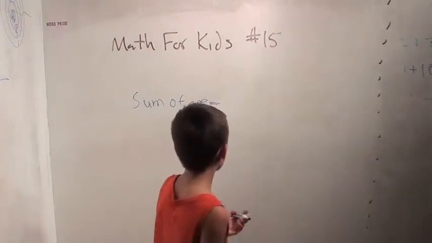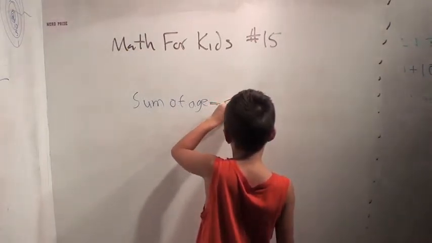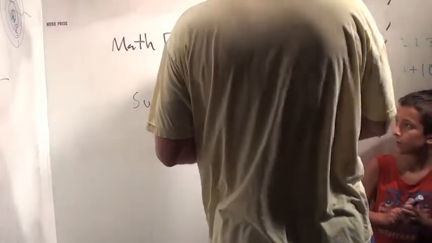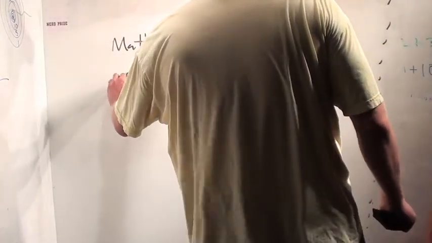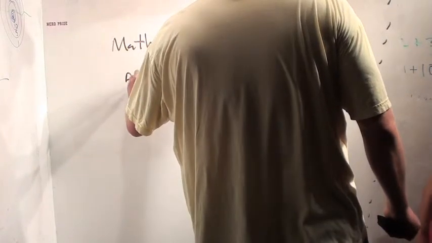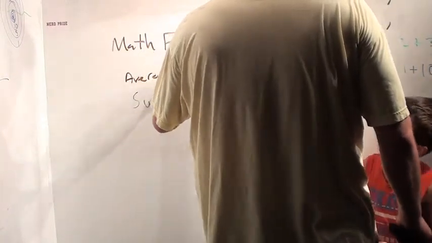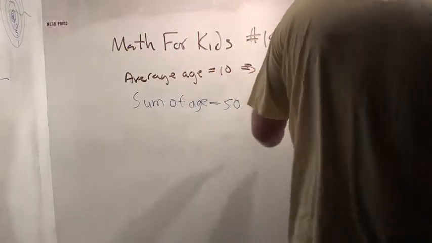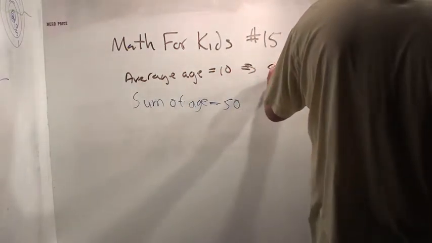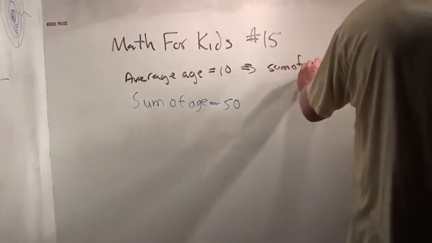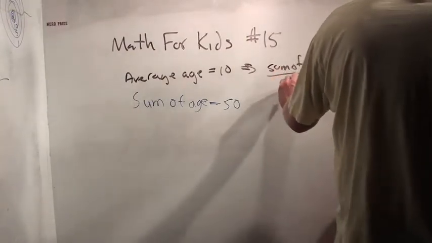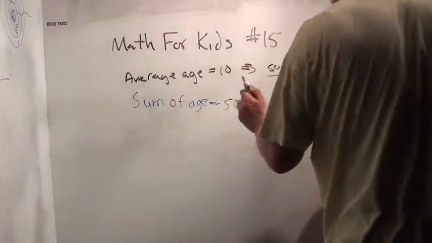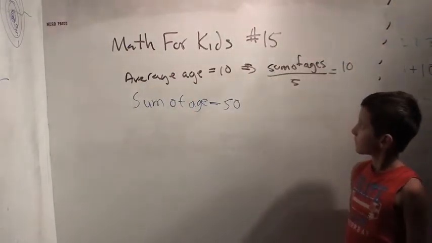If the average age equals 10, it means the sum of ages divided by 5 equals 10, and so the sum of the ages of the 5 kids is 50.